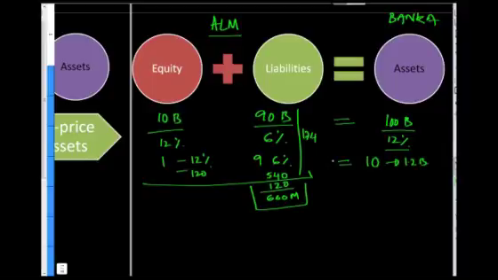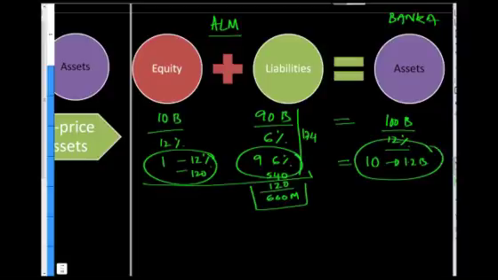Alright, so in this specific scenario, what the bank is basically doing is taking money from here at 12%, money from here at 6%, and then going out and lending the entire amount at 12%.